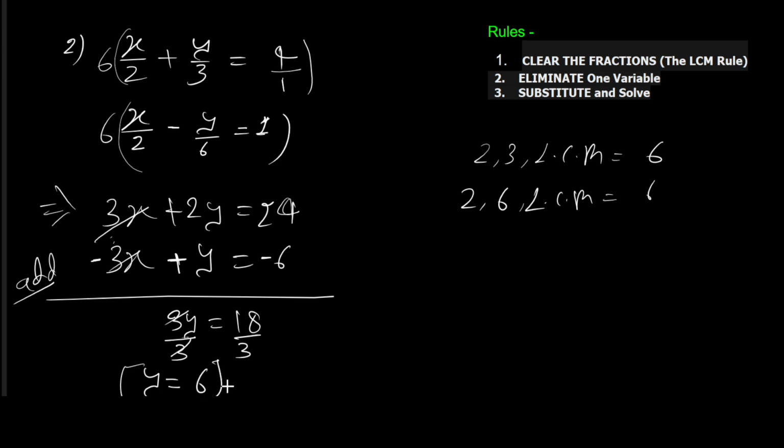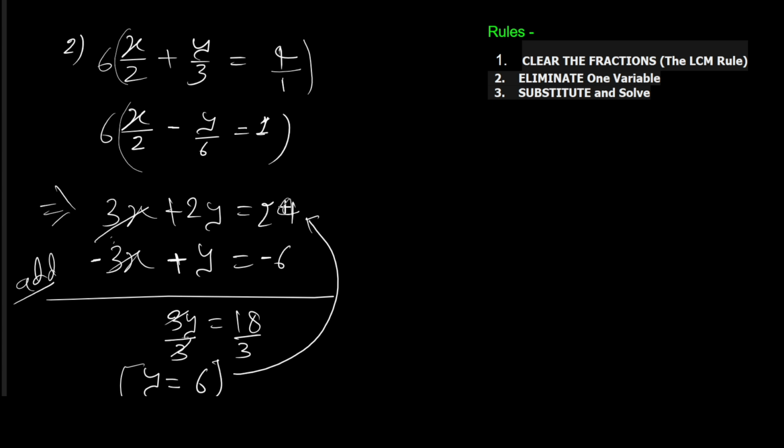Let's plug this y equals 6 into the original equation. I'm going to put it in this one because it is not in fraction form, so it is easy to solve. I'm calling this equation 1. So let's plug y equals 6 into the first equation.